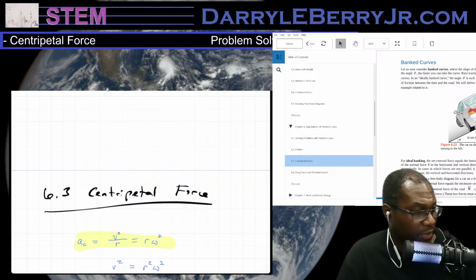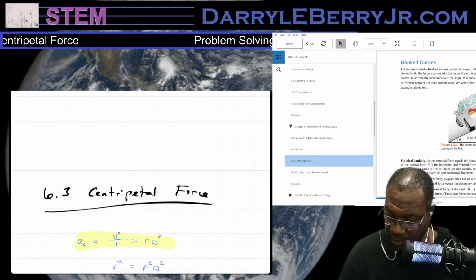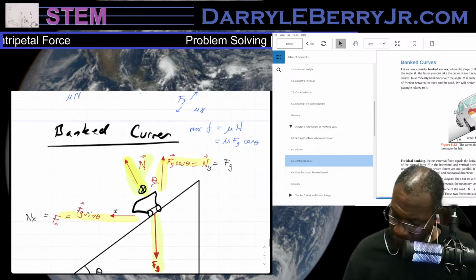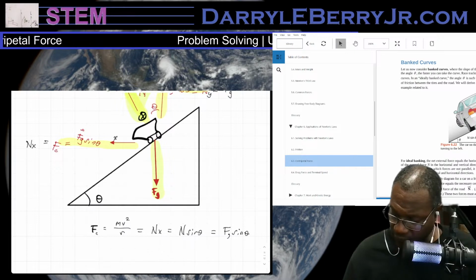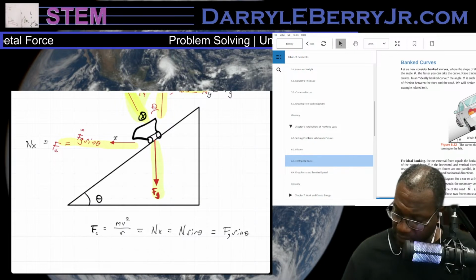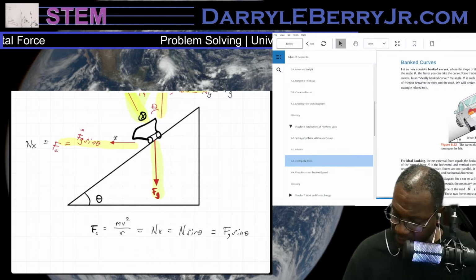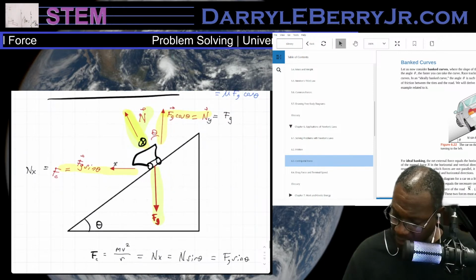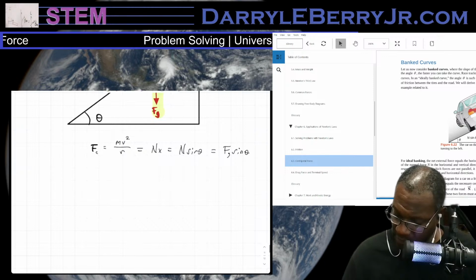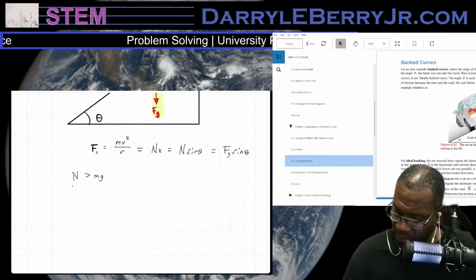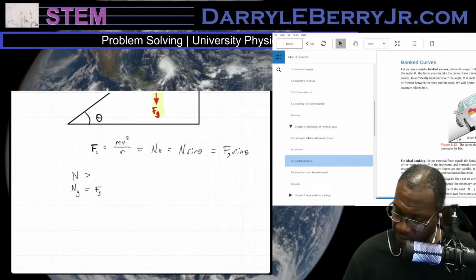But a normal force here, I guess what must be happening is the car, since it's going on a curve, the centrifugal force is pushing it against the bank. So in this case, N by itself is greater than mg, and Ny equals Fg. I'll just call it how I normally call it, banked.